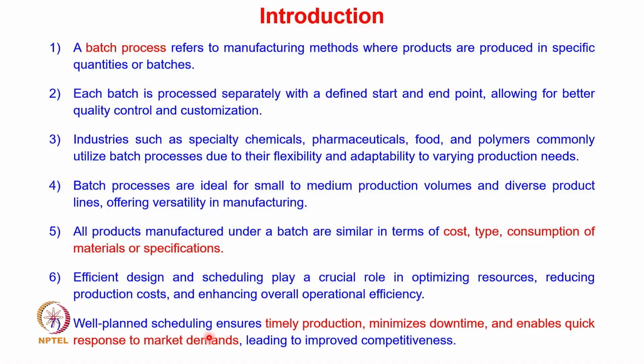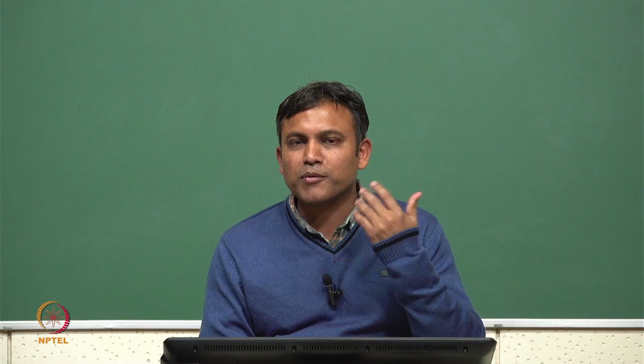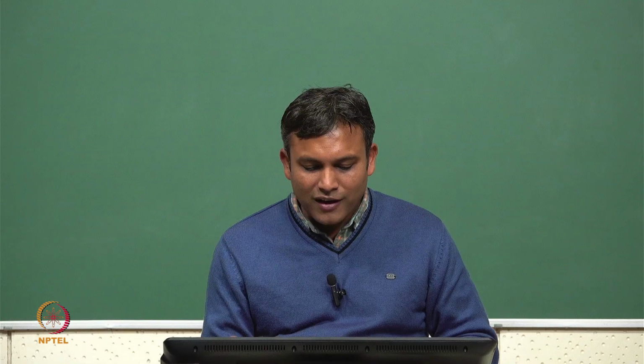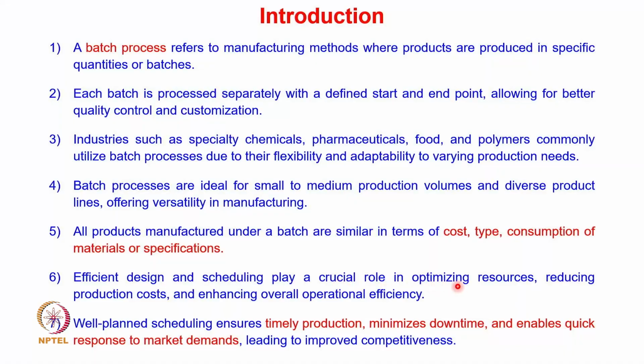Whenever there is a change in market demands, managing such changes in batch plants is easy. Also, in batch plants, multiple orders have to be produced in the same facility, and therefore scheduling is an important aspect whenever we are designing batch plants.